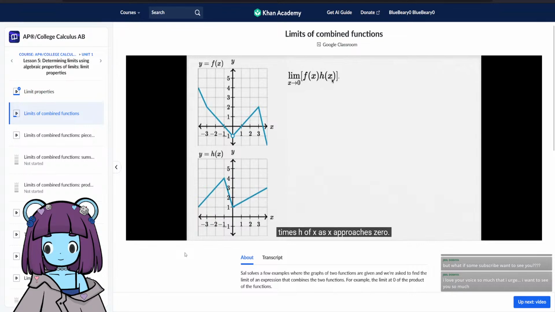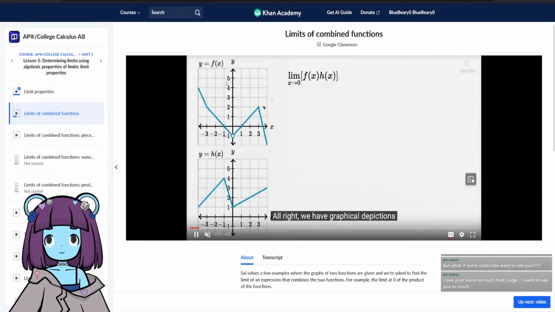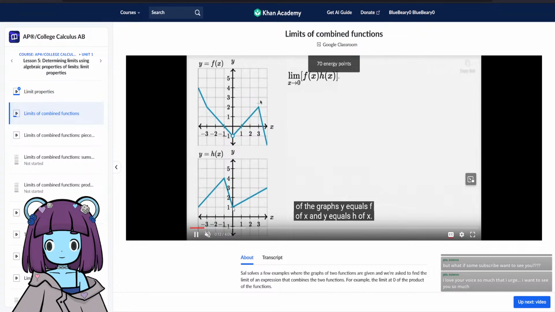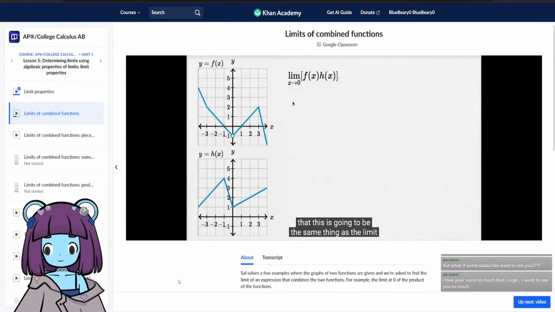Find the limit of f of x as x approaches 0. This one, -1, 1. Is that just -1?